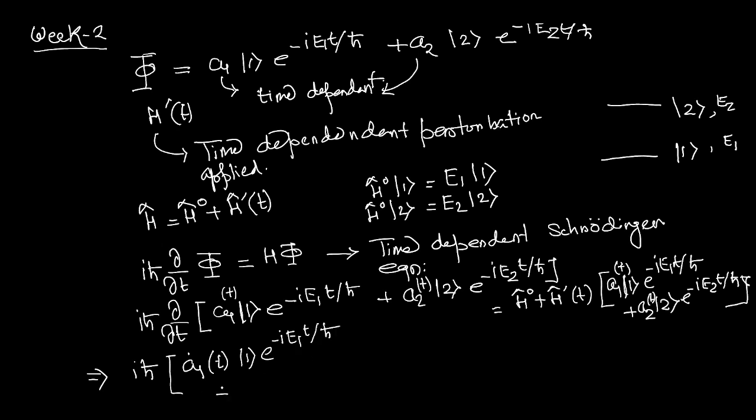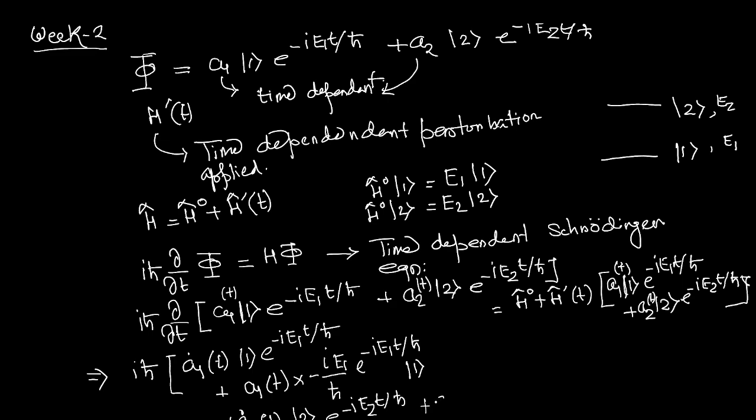Similarly a1t into minus i E1 by h cut, and there should be 1 plus a2t dot 2 plus a2t.